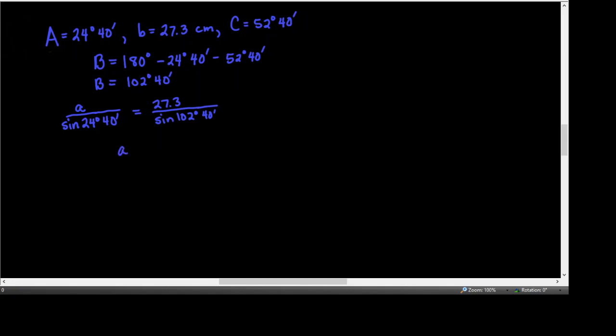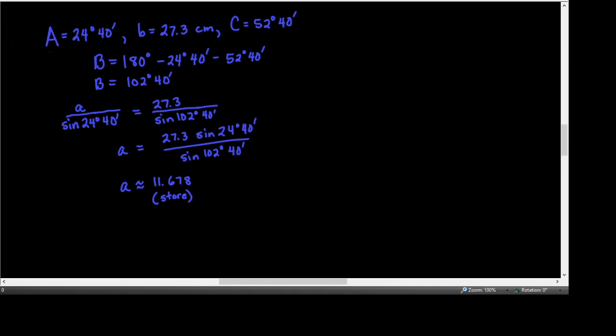And to solve for A, we'll multiply both sides by the sine of 24 degrees, 40 minutes. And then typing that in the calculator, we get that A is about 11.678. And just in case I need that again, I'm going to store that in my calculator.